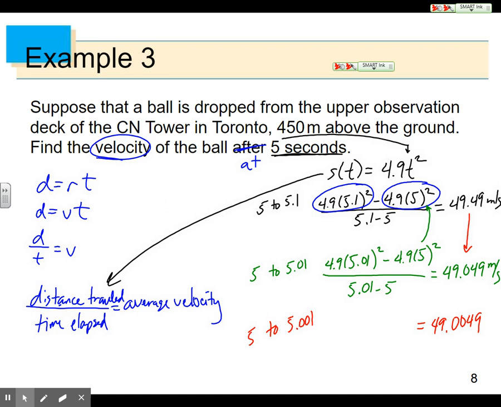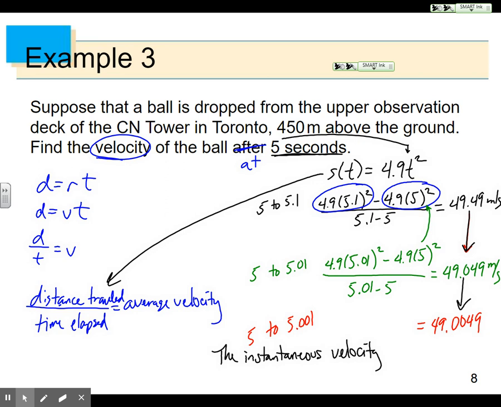And so we call what we find here the instantaneous velocity, because we're finding the speed of the ball at one moment in time, at exactly 5 seconds, at one instant. As you can see, the instantaneous velocity is simply the limiting value of whatever I'm getting close to.